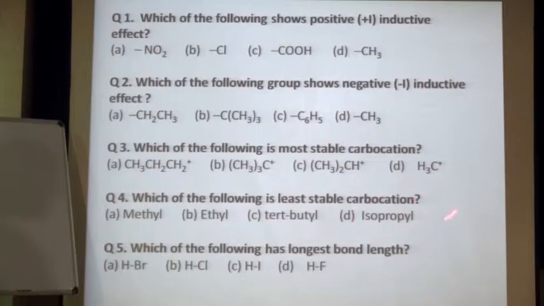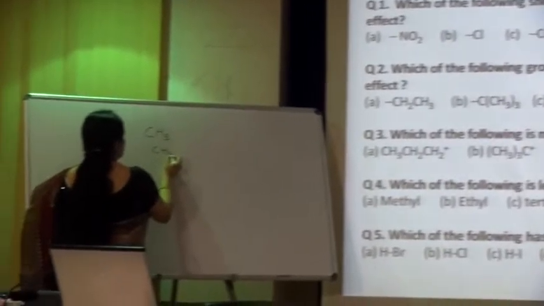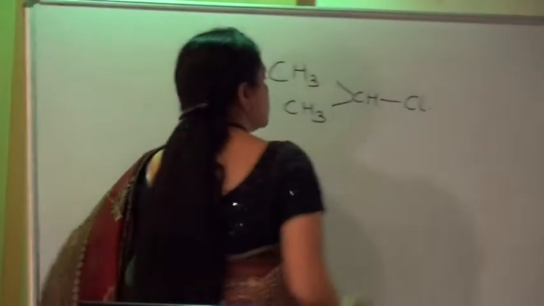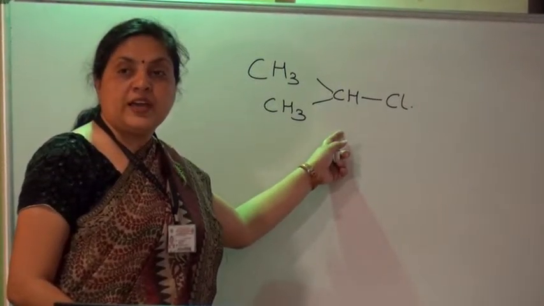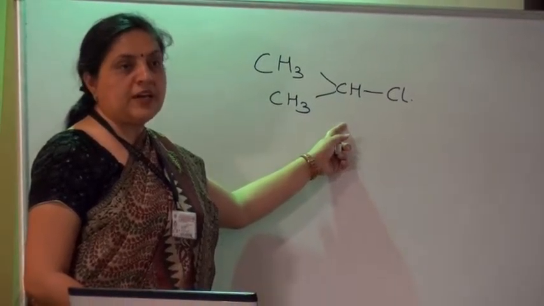But what is isopropyl? Propyl is 3 carbons. This is isopropyl chloride.